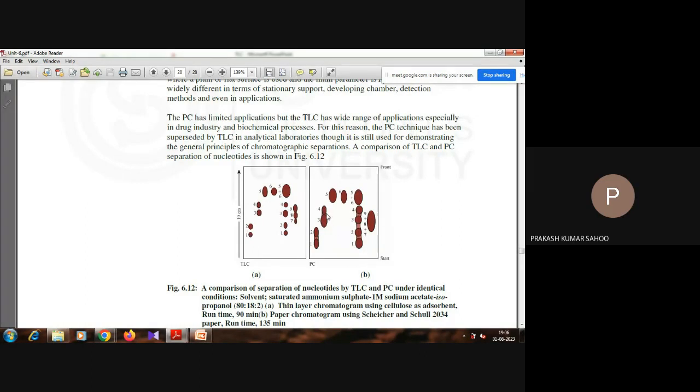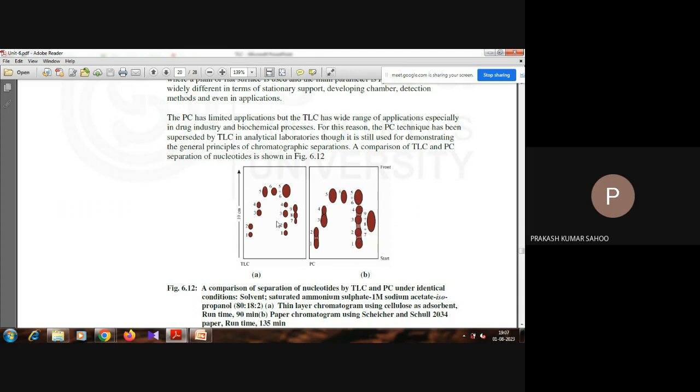But here there will be overlapping of the spots of two components in your paper chromatography. As this is cellulose paper, and in this paper water molecules are bound, that's why this type of interference will happen.